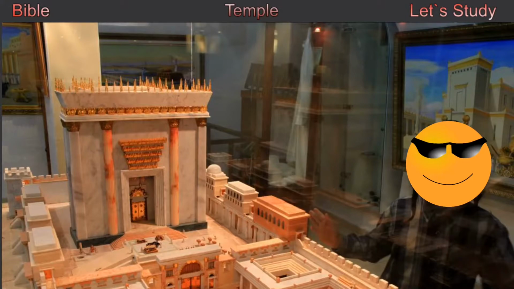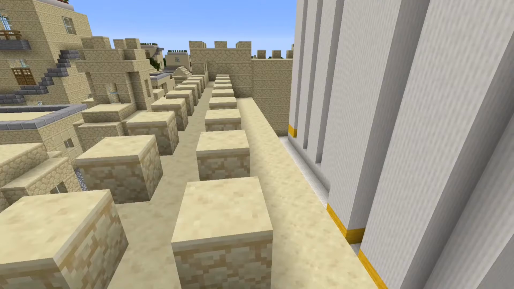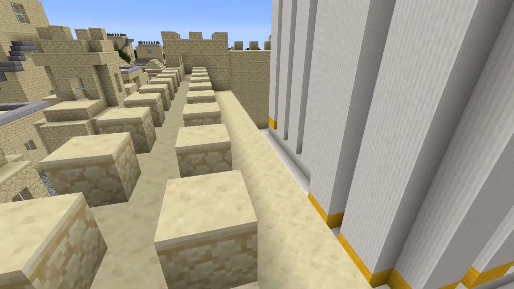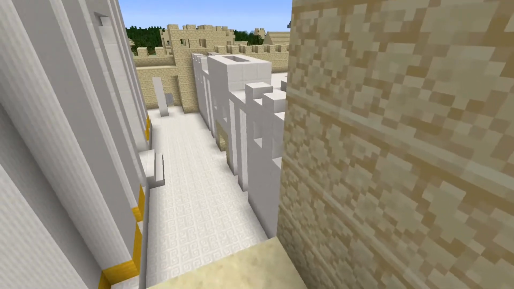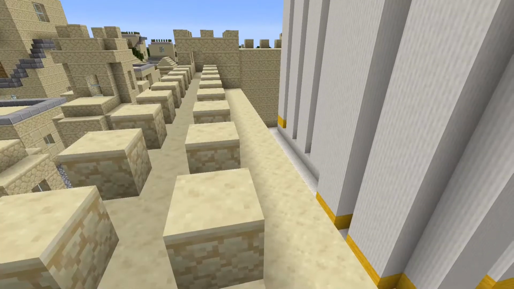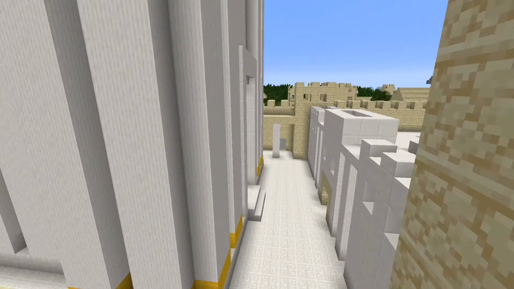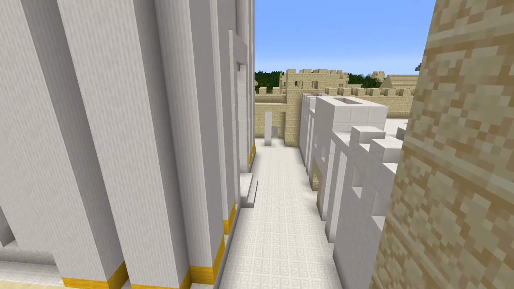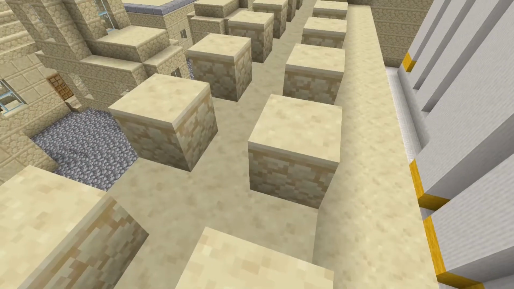Okay, so this is the picture that I wanted to show of the temple and the buildings. They're two-story, and in those two-story houses, you got 3 houses on each side. So there's 6 houses over there and 6 houses over here.